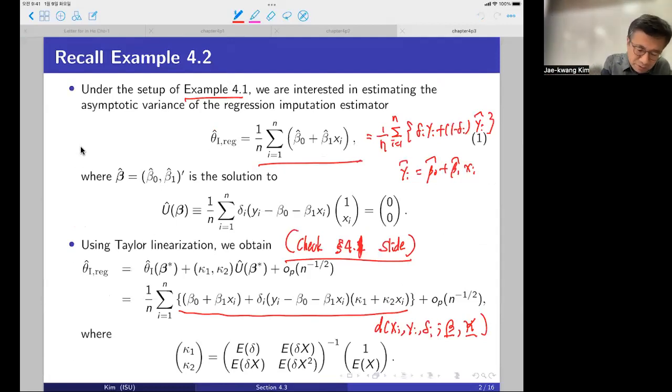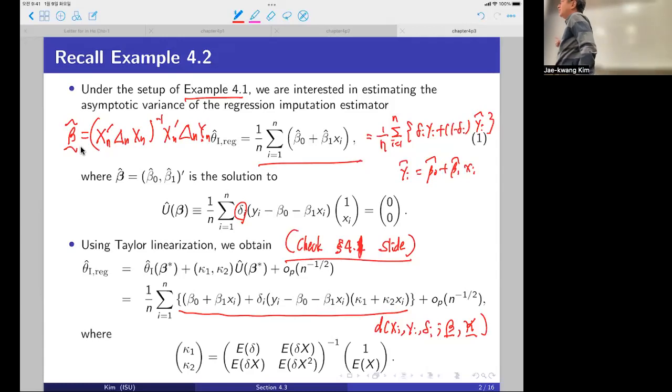how can we compute beta hat? Beta hat is X_n prime Delta_n X_n inverse X_n prime Delta_n y. Can you understand this notation? We can think of a linear model, with x1, x2, up to xn.